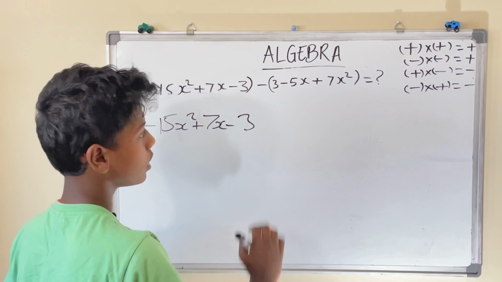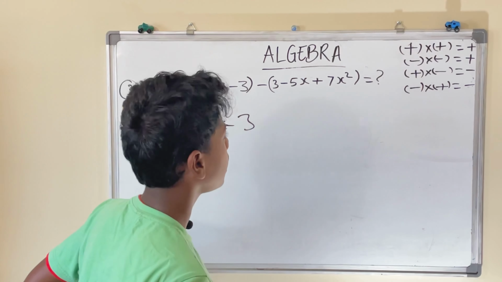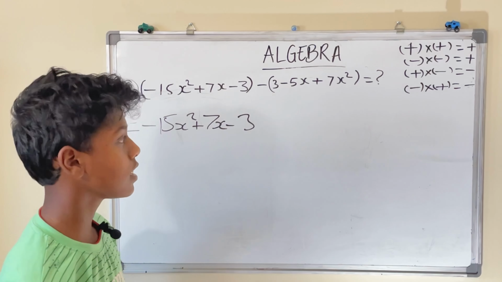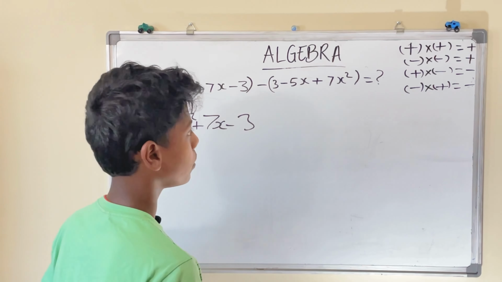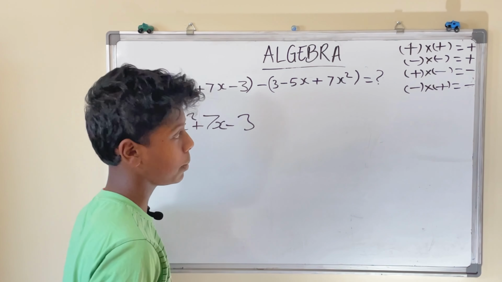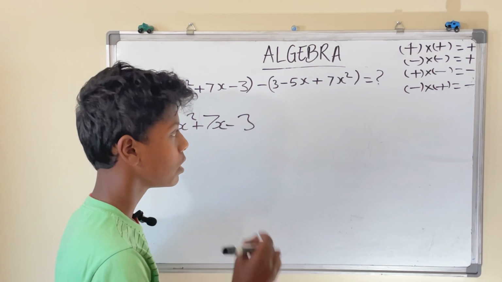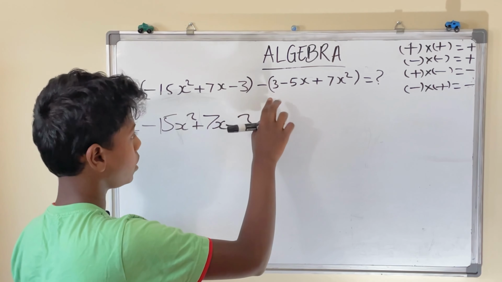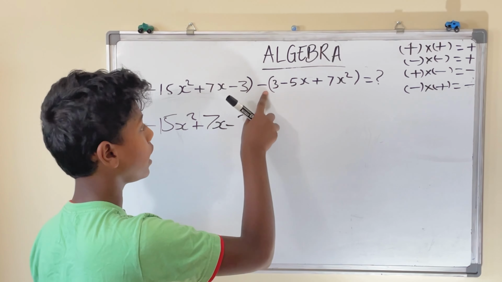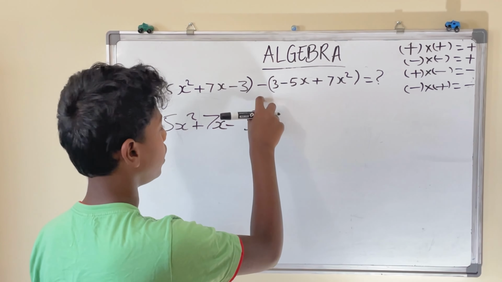And then here, we're going to use this as a guide. I've already shown this in our evaluating algebraic expressions unit. Same symbol multiplied by same symbol equals positive. Positive multiplied by negative equals negative. So to break our bracket, we need to multiply this portion by our negative sign.